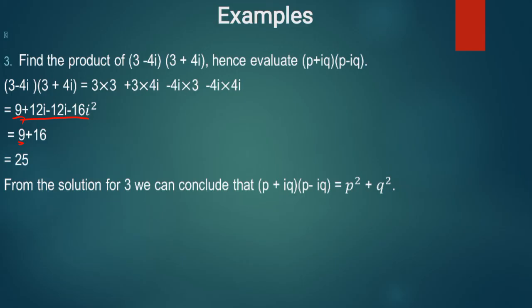Here we have 9, because it's the only one. 12i minus 12i. I have 12 naira, and I'm owing 12 naira. If I pay, I'm left with 0. Is that not so? So I have plus 0 here. And then I have minus 16.